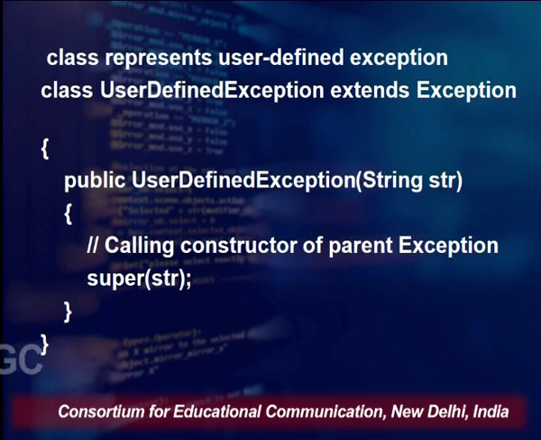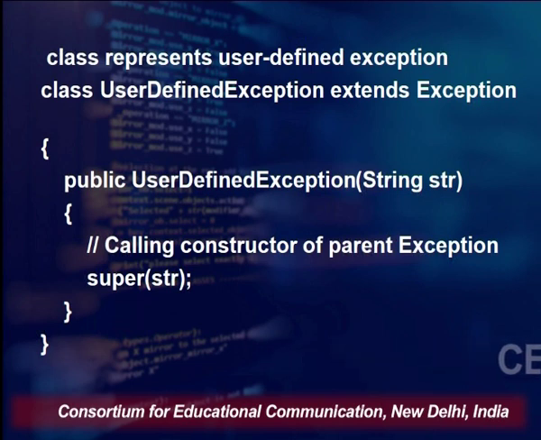So through this constructor, this str message is being passed to the parent class constructor through the use of super. We have covered the use of super in detail when we were talking about inheritance.